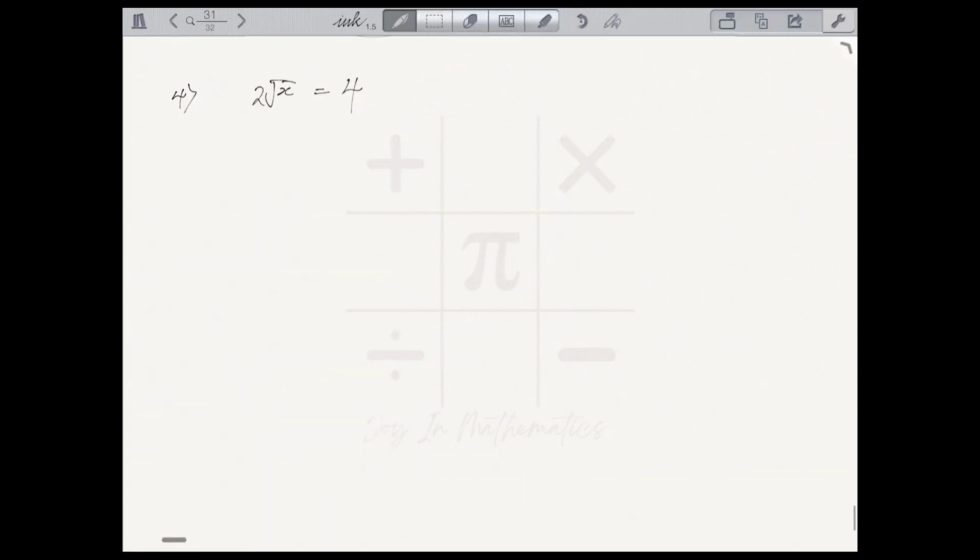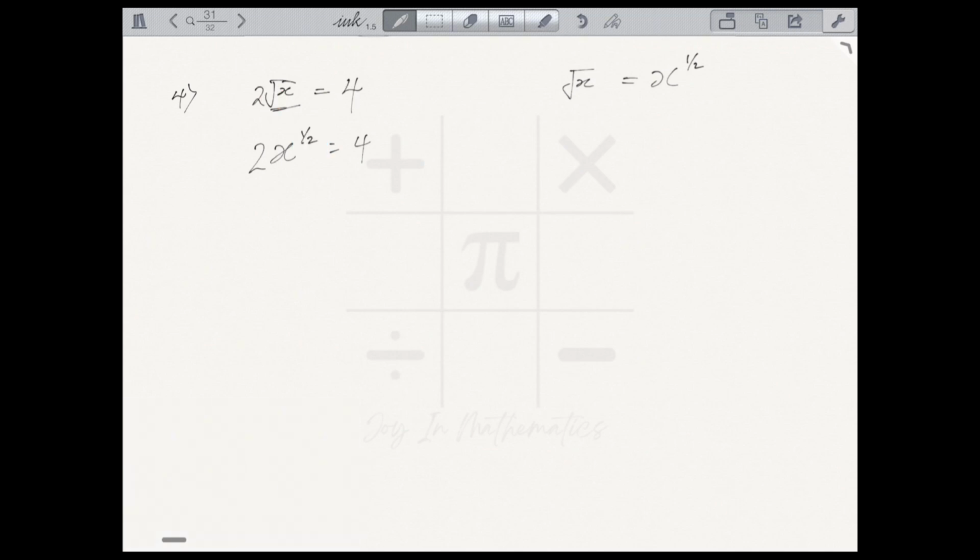Now, question 4 is this. Now, we understand that the square root of x is x raised to the power 1 over 2. So I can rewrite it as 2 times x raised to the power half is equal to 4. Now, the whole goal is to ensure that my power of x raised to the power 1 over 2 here is reduced to x raised to the power 1.